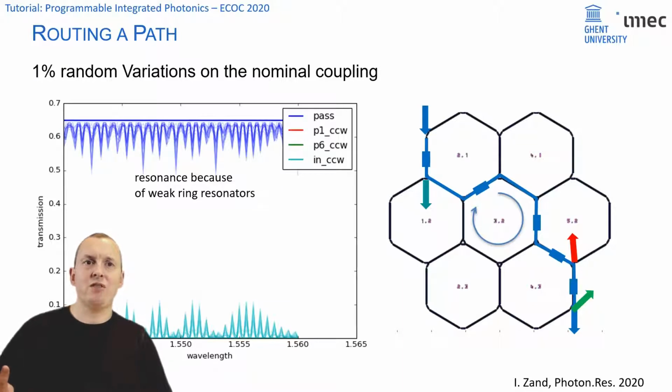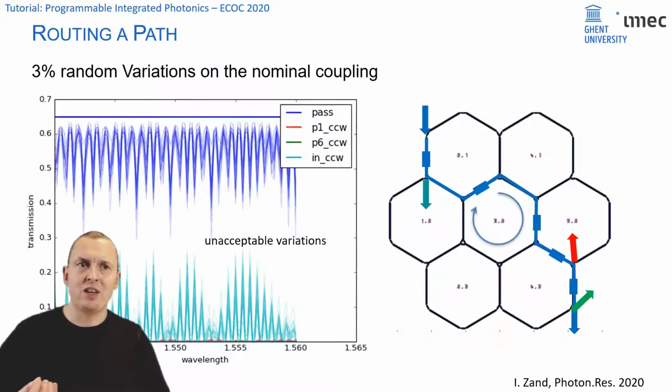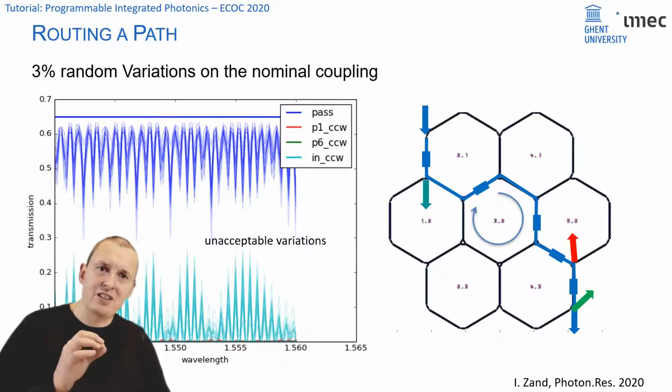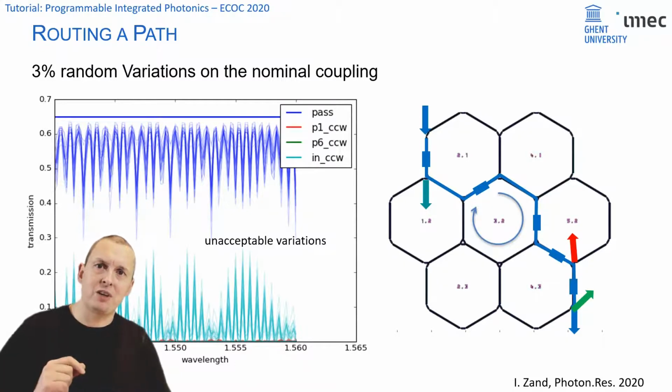And this is what we see if we just route through such a mesh, but we add a 1% random variation: you already see these visible resonance fringes appearing in your transmission spectrum. And with a 3% random variation, the resonances are totally unacceptable. Luckily, this is not as big a problem as it looks, because we do have quite some programming freedom in this mesh.